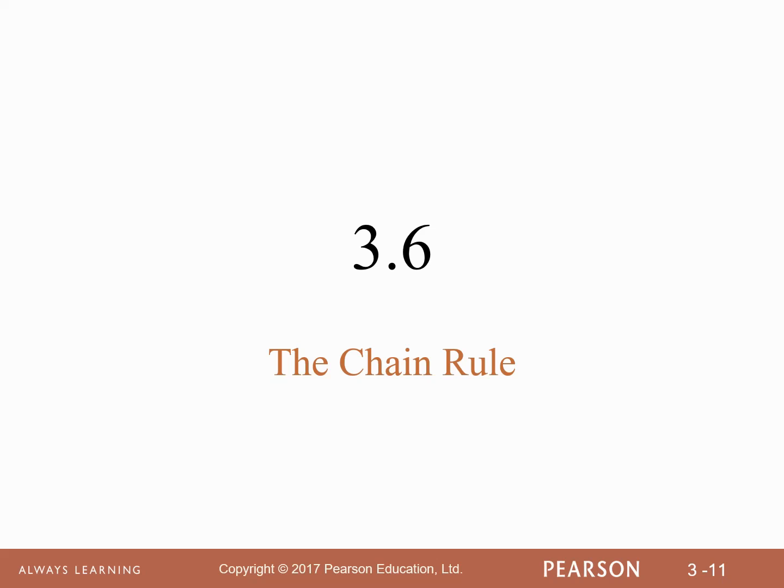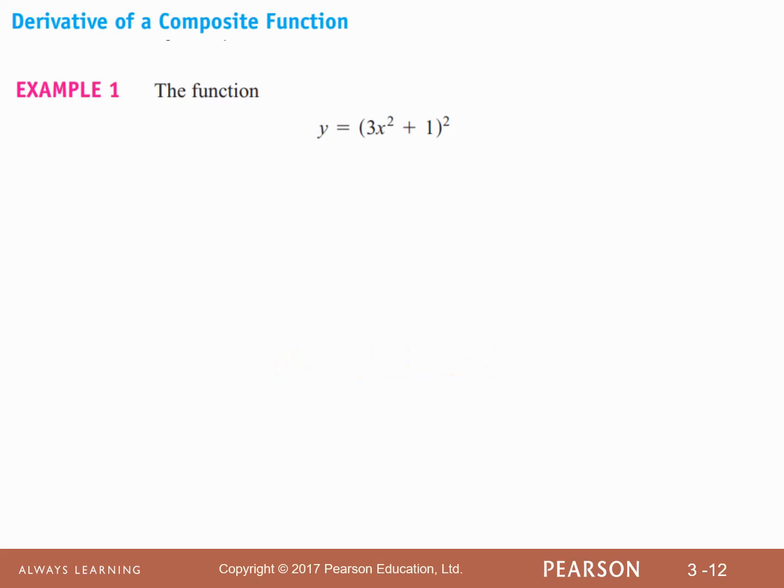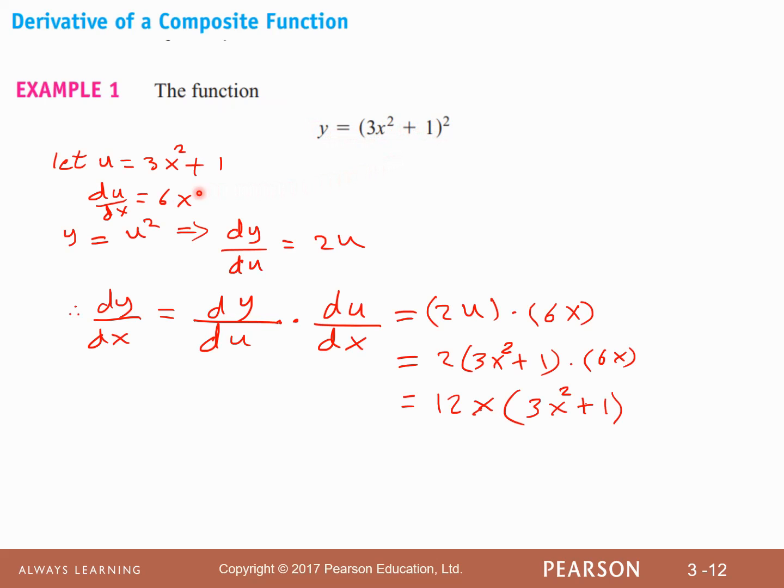Section 6. Derivative of a composite function. We have y equal to (3x squared plus 1) all squared. Let u equal 3x squared plus 1. Then du by dx is equal to 6x.